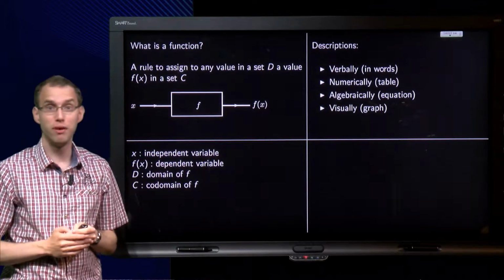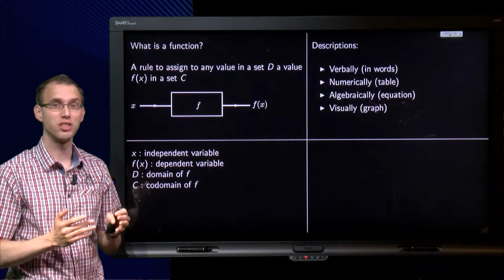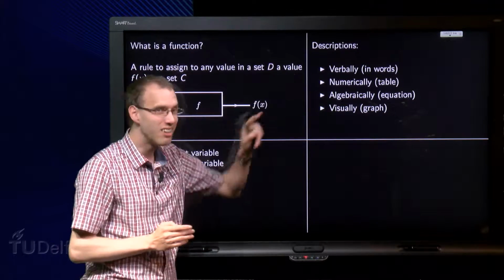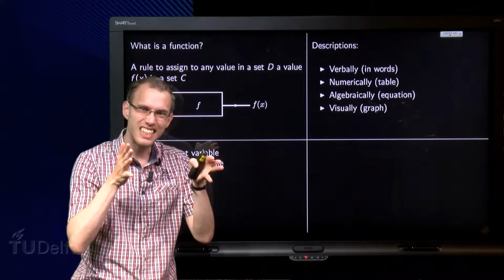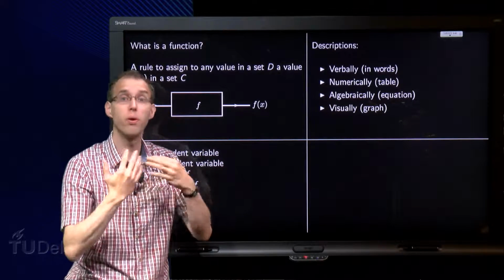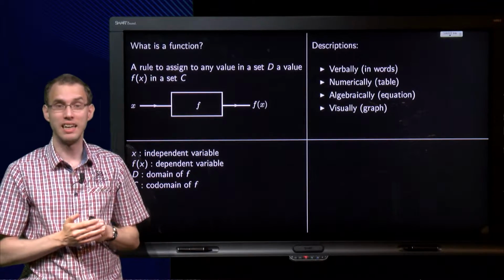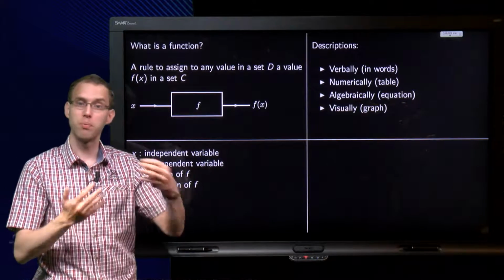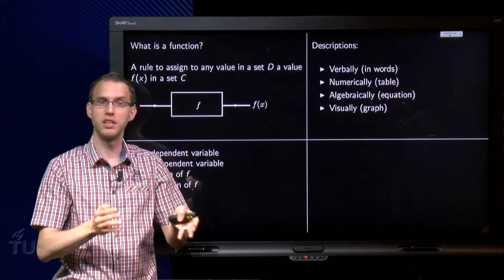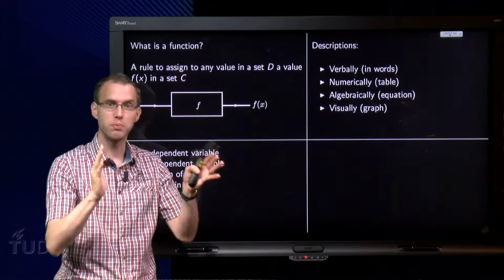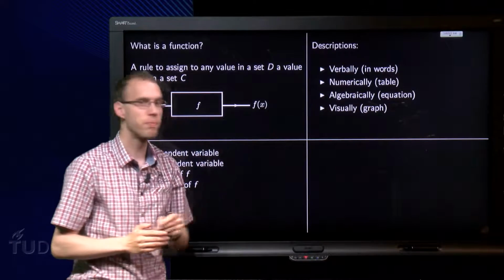First of all, verbally, in words, you tell what the function does. This is actually not trivial. It's quite essential when you're starting to model a certain engineering process. Then, second, numerically, in a table. For example, if you do some measurements and you measure a relation between 2 experimental quantities, you have a table.